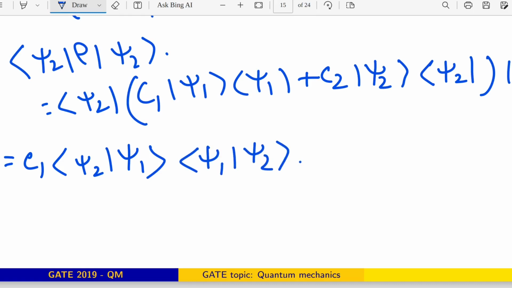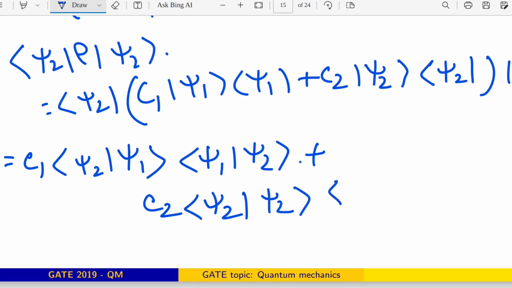Because here you can see C1 is a constant value and comes out, then psi 2 psi 1, then psi 1 psi 2. Now I am writing about C2. C2 is a constant value, so it will come out, then psi 2 psi 2 psi 2 psi 2. So this is the case.